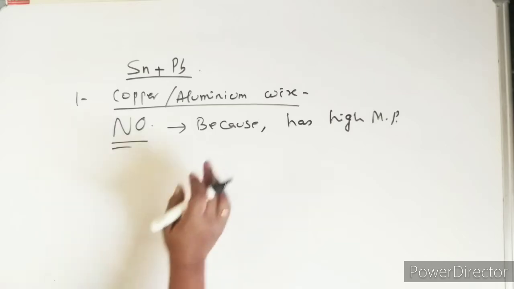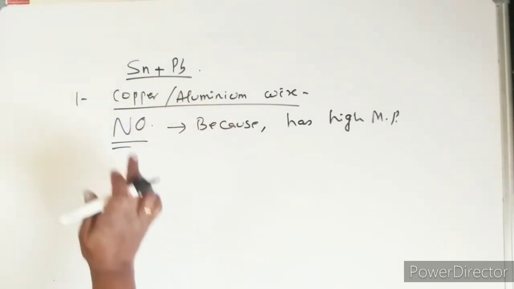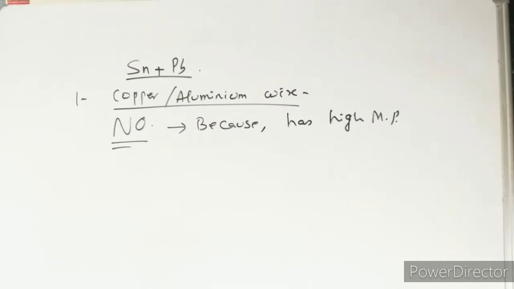If it has a high melting point, it cannot melt. But copper and aluminium wires are good conductors, meaning their conductivity is more, so they are used for transmission purposes.